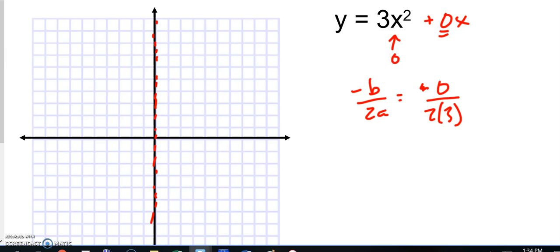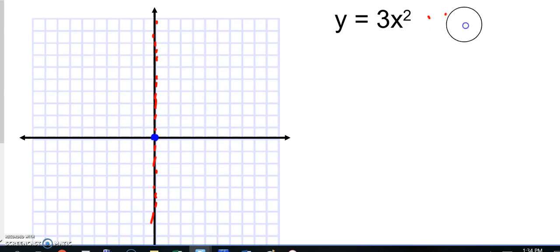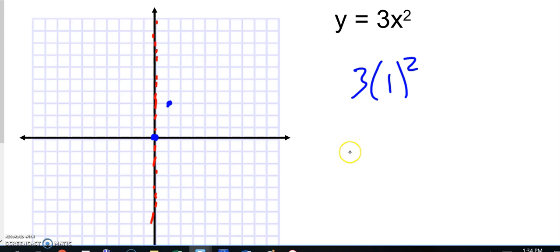So this particular parabola goes through the origin, and that's where my vertex is. So then I would just check 2 points to the left and right. So I would put in 1, 3 times 1 to the second. 1 to the second is 1, 3 times 1 is 3. So over 1 up 3, and then I would check on the other side, negative 1, and 3 times negative 1 to the second.